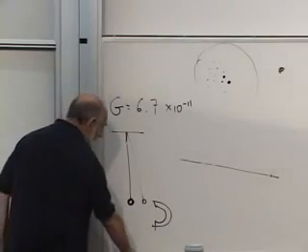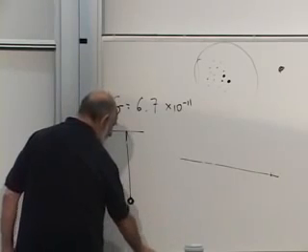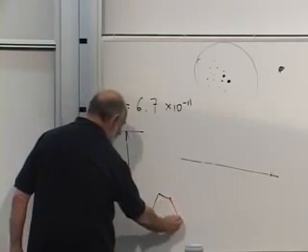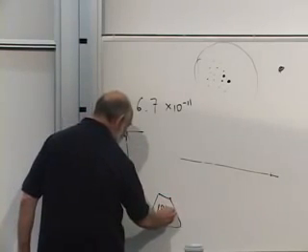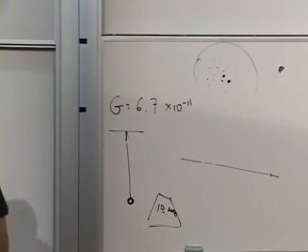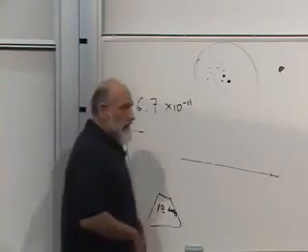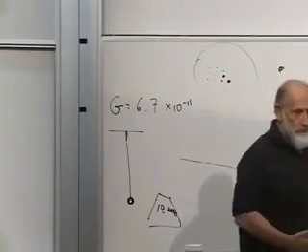Right? Next, take a 10,000-pound weight and put it over here. Guess what happens? Undetectable. You cannot see anything happen. The gravitational force is much, much weaker than most other kinds of forces.